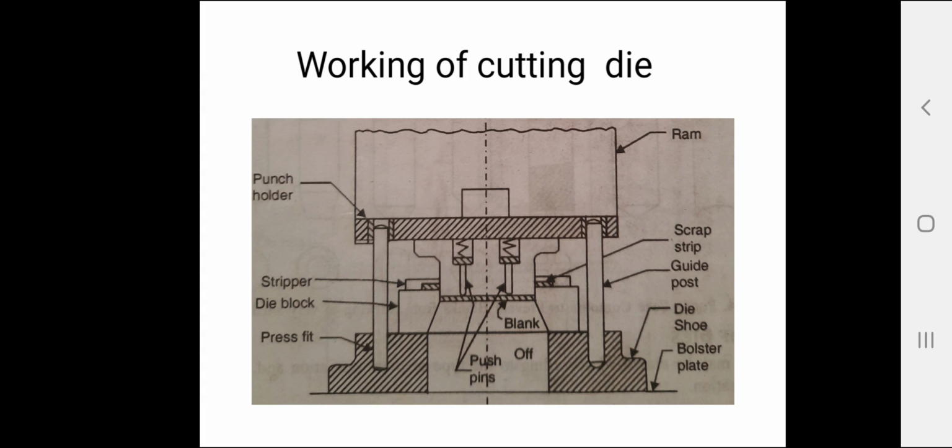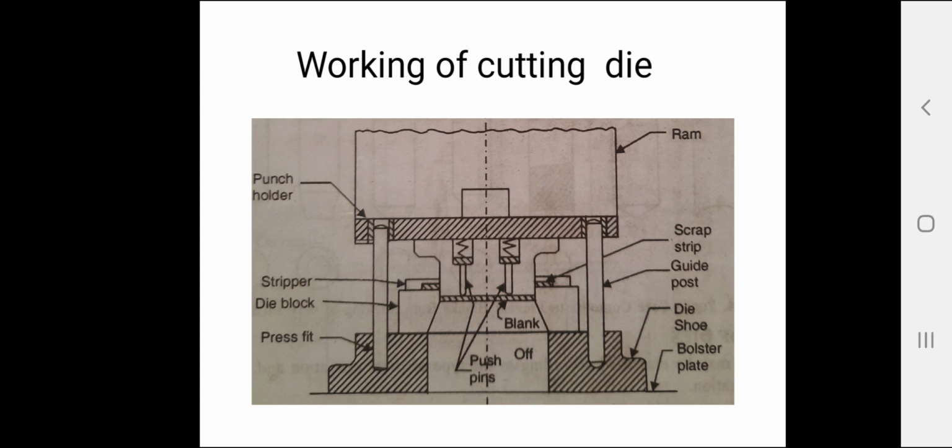The punch is fastened to the punch holder and the die block is fastened to the die shoe. The punch is aligned with the opening in the die block since both the punch and die block act as cutting tools. These cutting tools are hardened. In the figure you can see the working of a cutting die.